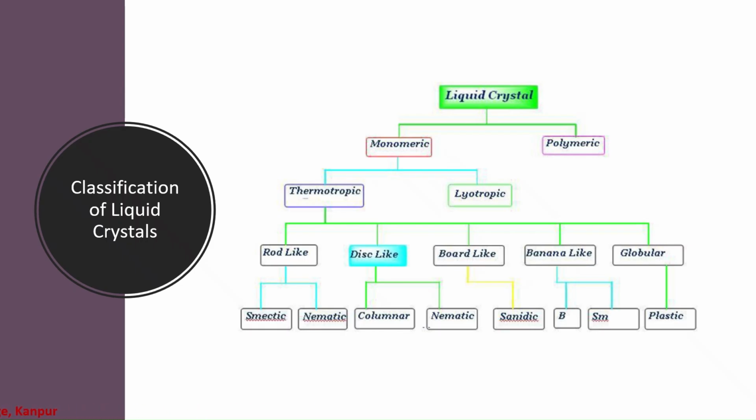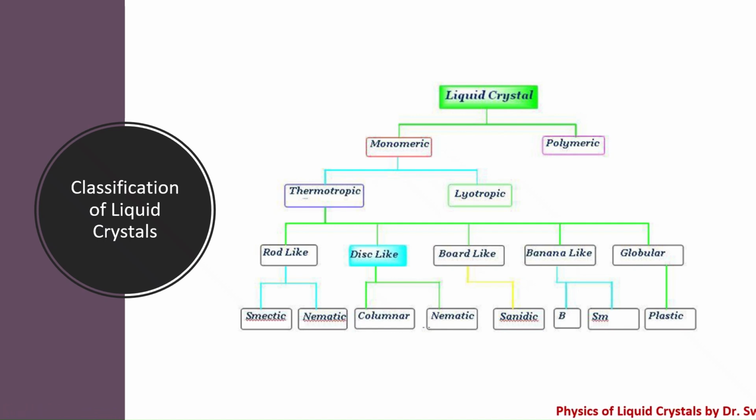But in the polymeric liquid crystal, the molecules try to make bonds with their neighbor molecules and thus make a big chain, and therefore it is called polymeric liquid crystals.